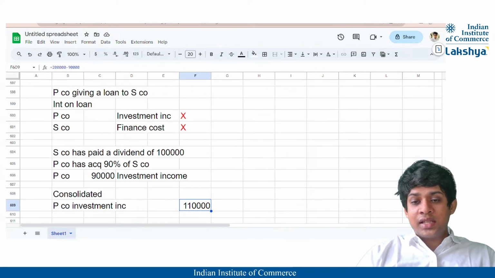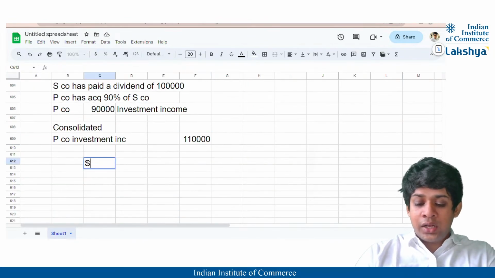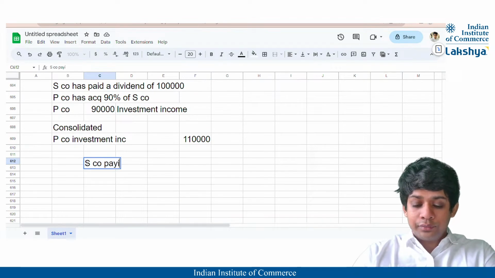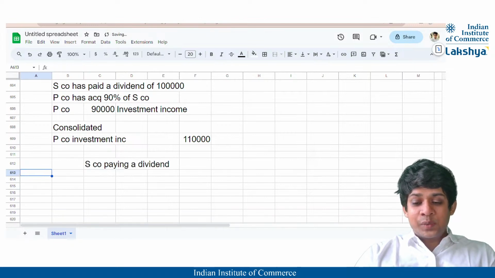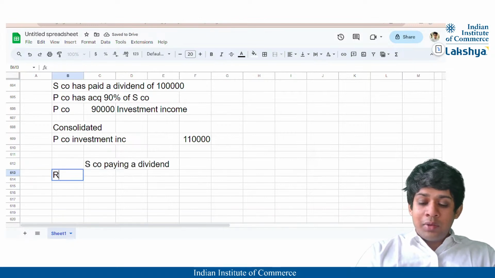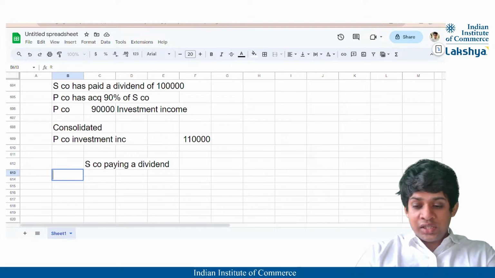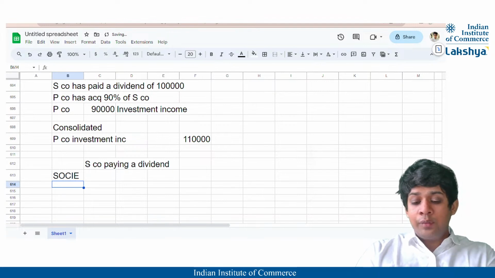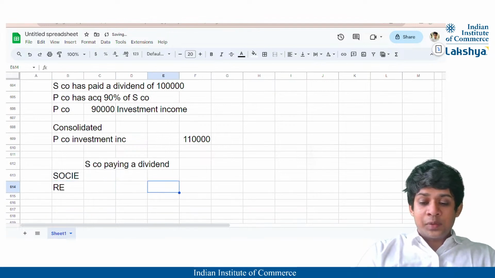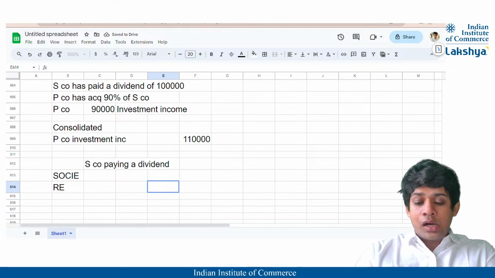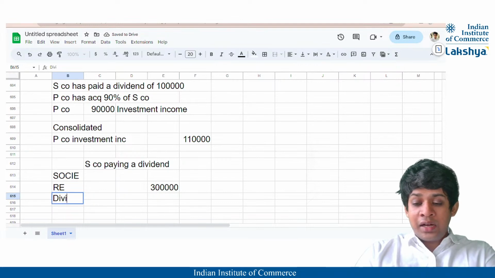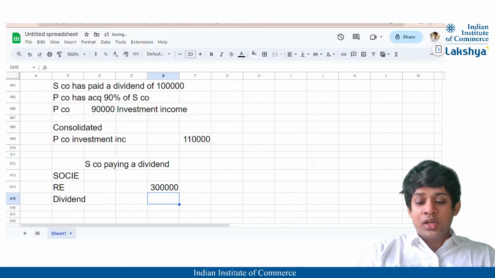What they are trying to say is that when the subsidiary company is paying a dividend, say the retained earnings of the subsidiary company are stated at 3 lakh in the statement of changes in equity. Then in such a case, the dividend paid by the subsidiary will be completely reduced from that, that is 1 lakh, because 1 lakh is the dividend paid.